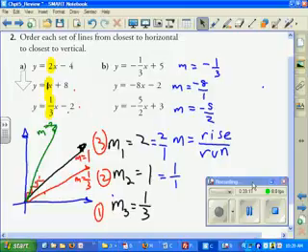So let your sign stick with the rise part, control that, up or down, and then have your run go across to the right. It would still work if you use your sign on the run, you can still come up with the same line, but to eliminate the confusion, stick with this: when I have a negative here, that's going to tell me I'm going down. And my run is always going to be across to the right.